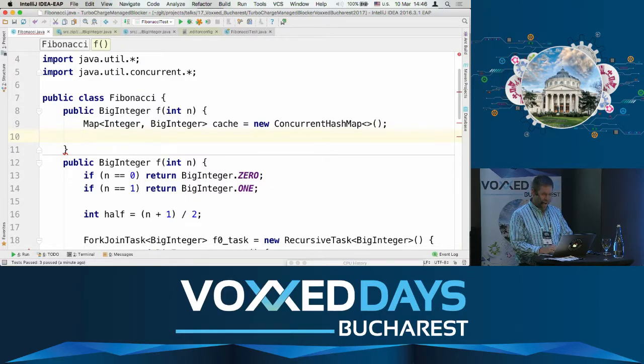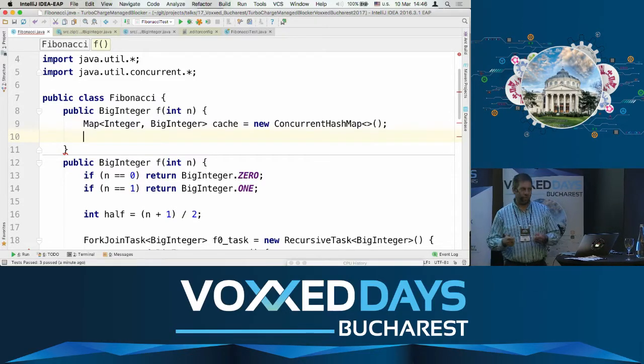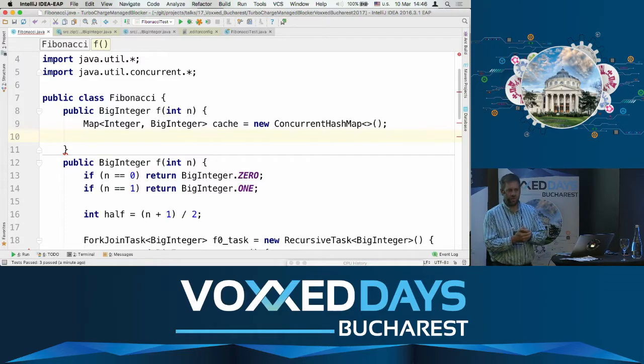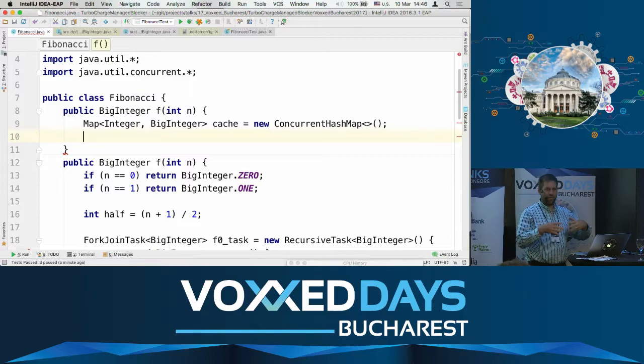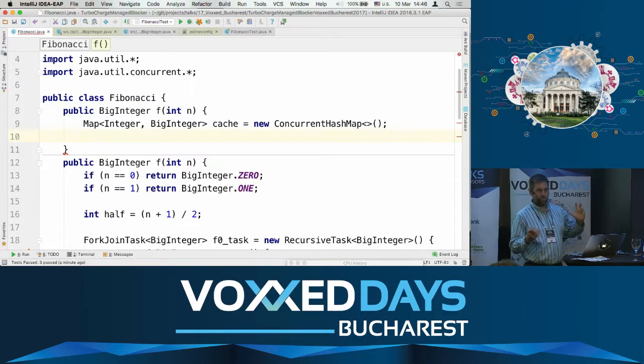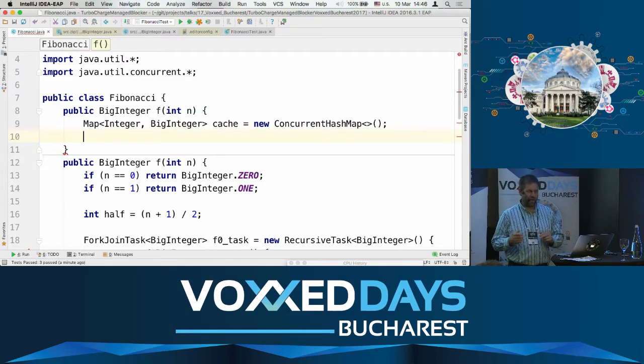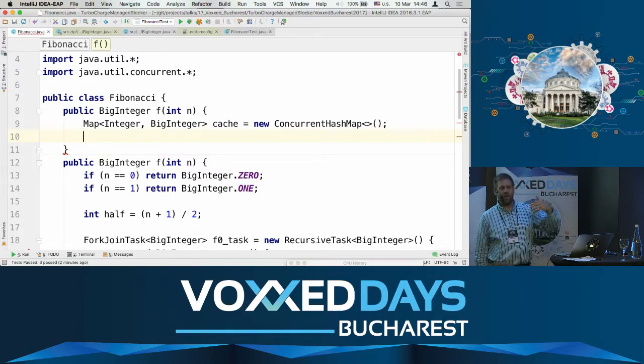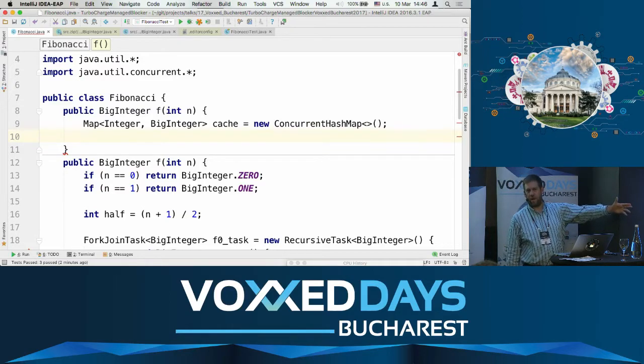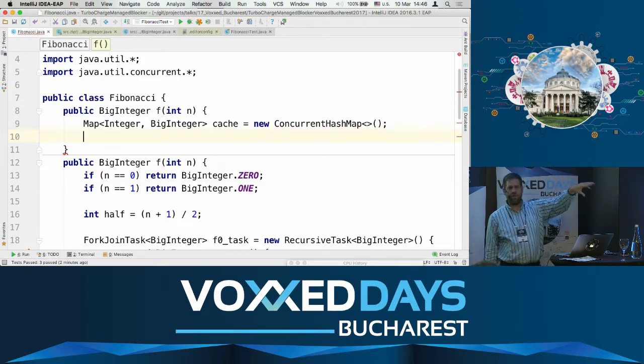Why? Do you want to know why? There are two reasons. The first reason is that it can cause absolutely horrible contention in your system, because even though it's supposed to be concurrent, it does blocking. You love blocking, Dimitri. You hate blocking, yeah? And it's especially the case if you don't have that many unique keys in your hash map, and you have a pretty high probability of multiple threads trying to access them at the same time.